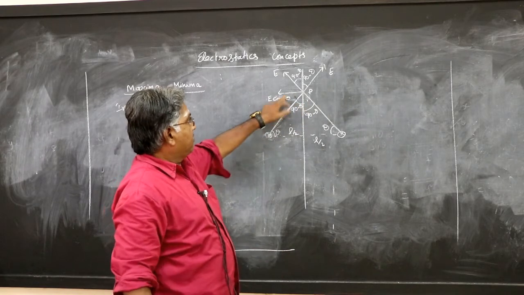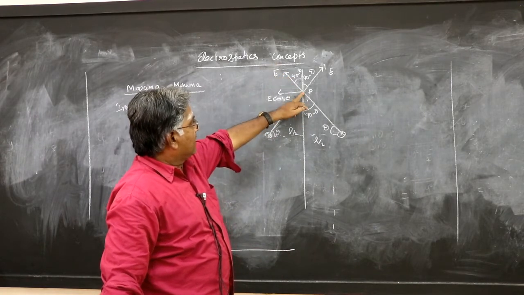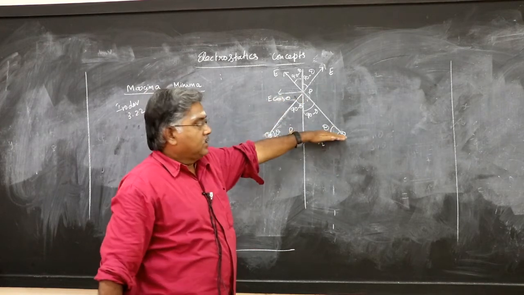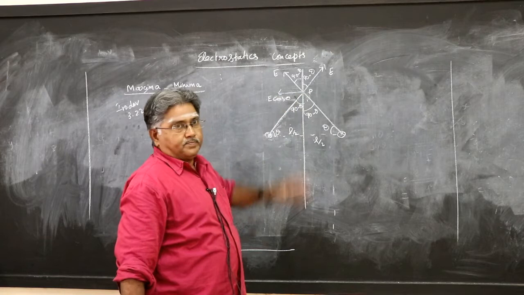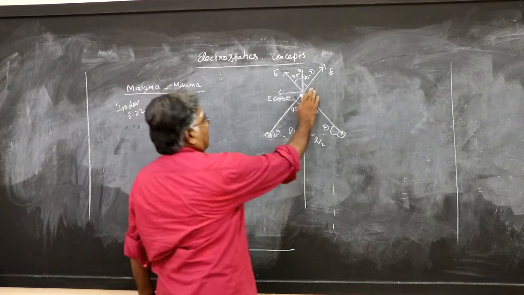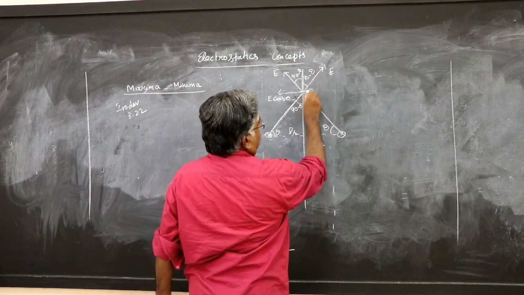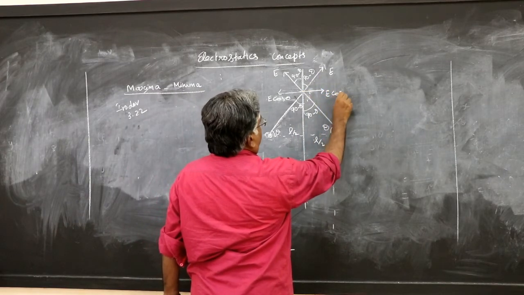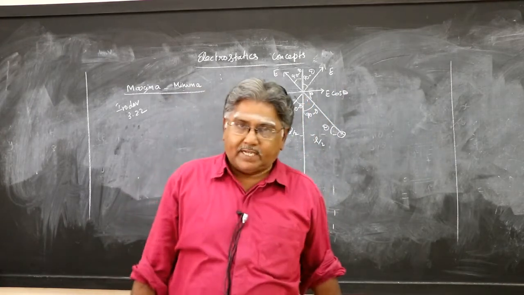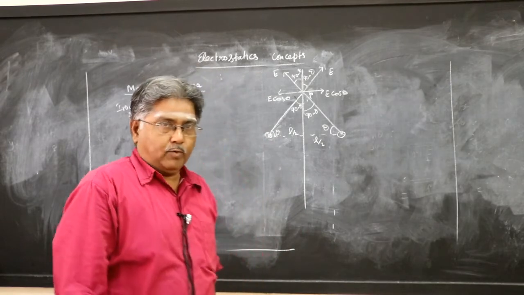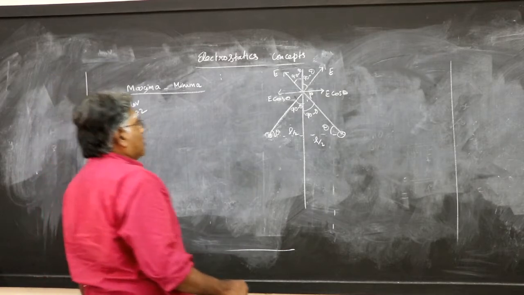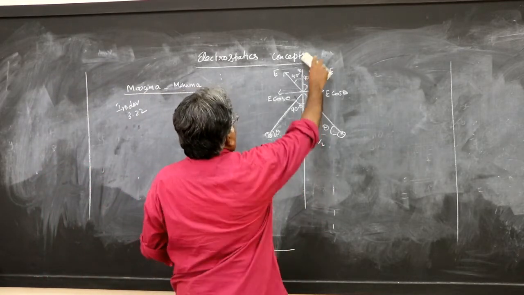Similarly, for the electric field which you resolve this way, it will be E cos theta. The two electric fields will cancel, equal in magnitude, opposite in direction. Then the other two components will get added up.